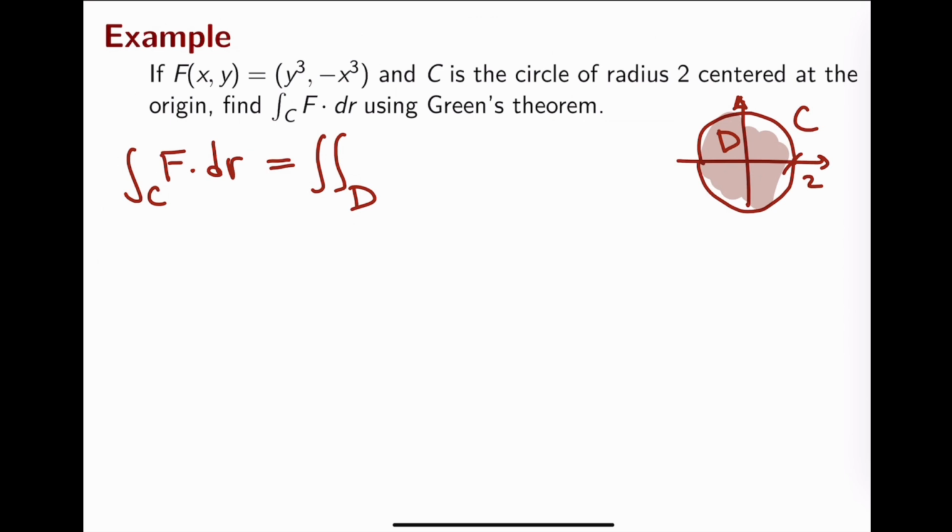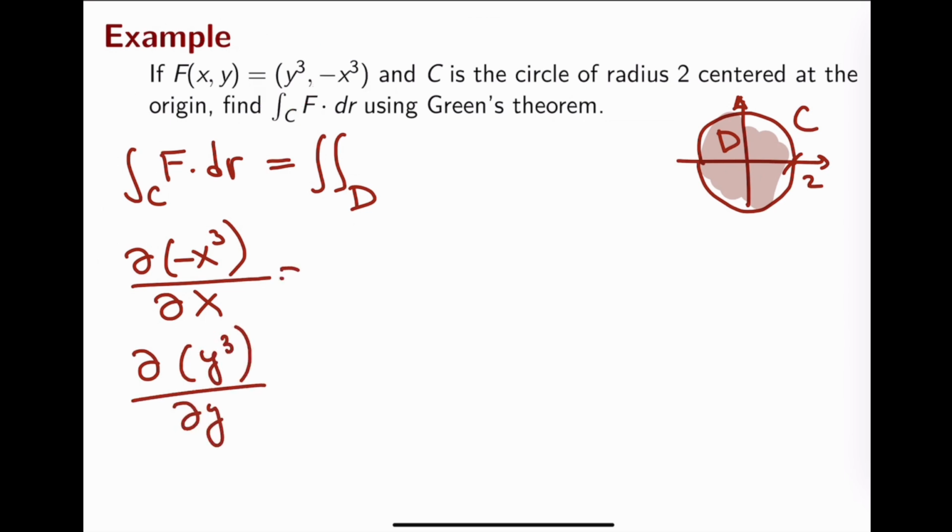So first, let's calculate the derivative of the second component here. The derivative in this case will be of minus x cubed with respect to x. So it's the derivative of the second with respect to x, and the derivative of the first with respect to y. These are the two derivatives that we are going to need.